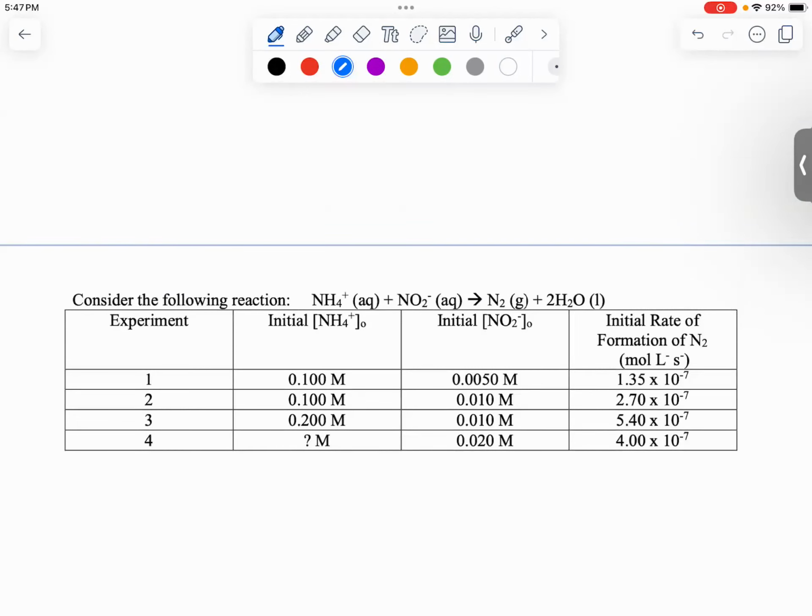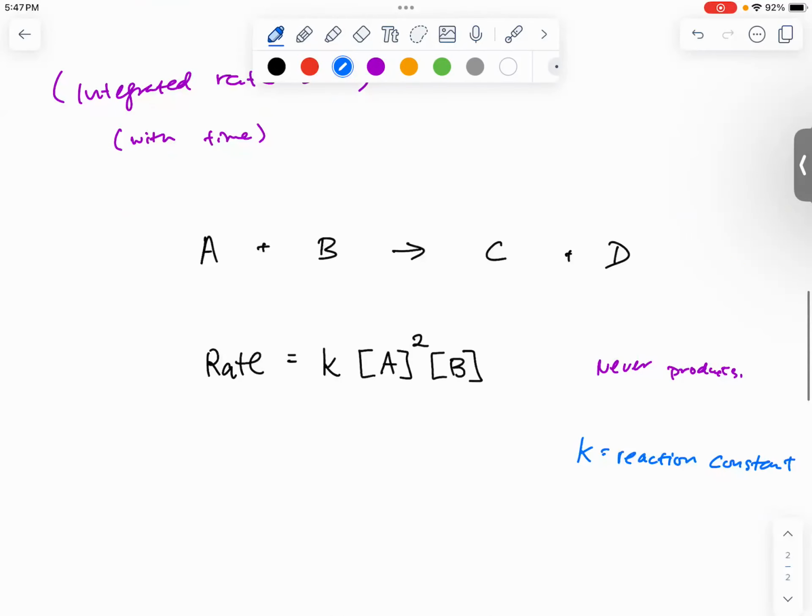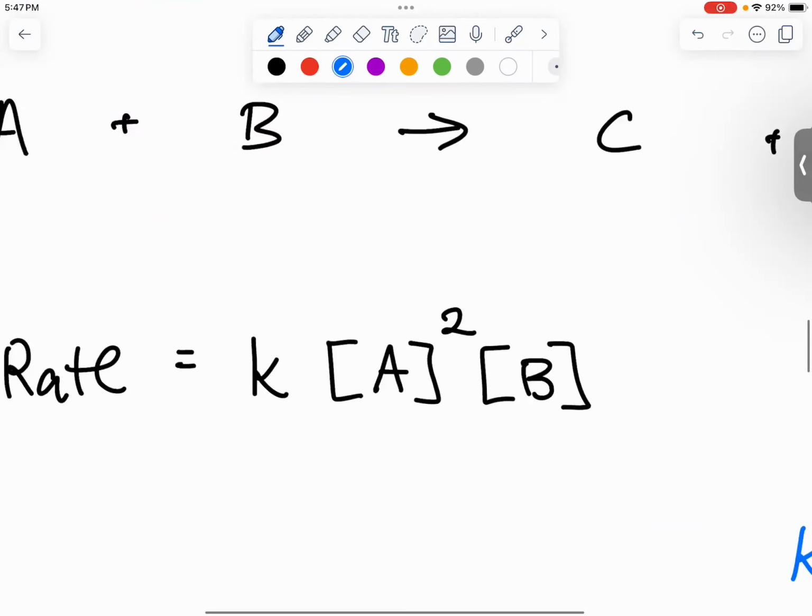So the K would be the same for all these experiments. They're just different trials for the same reaction. It's like static friction, it varies from object to object. Different reactions would have different K, and different temperature would also change the K. Are we good so far? Then again, the concentration will only be the reactants.